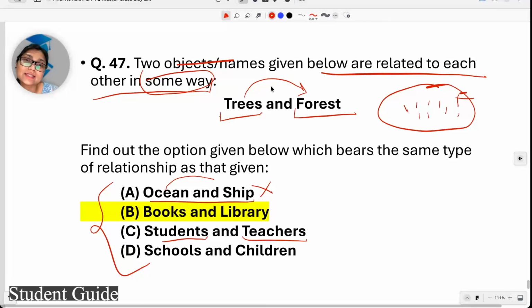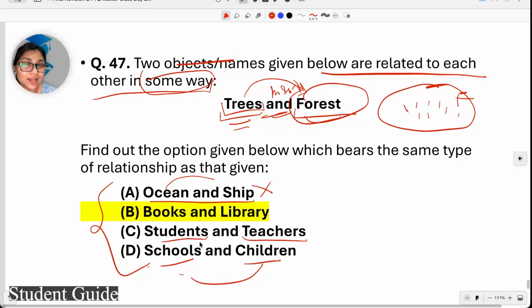Trees inside forest, students, no, it will not fit student and teacher, because forest is a huge entity, and trees will be a part of it, the most essential part of it. So we need to find the same relation. Here option number D is saying school and children. No, if it were reversed, like children and school, then it would be a correct option. But as it is school and children, it is not a correct option.